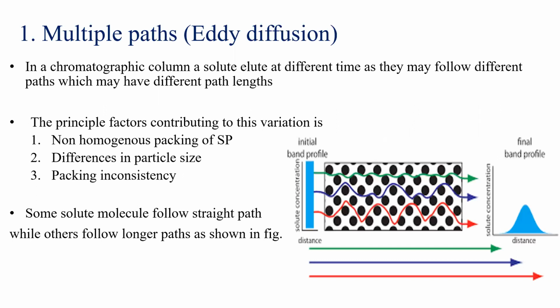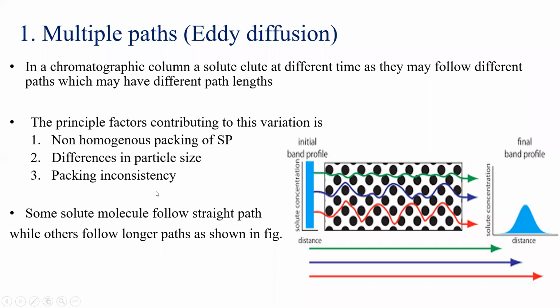In a chromatographic column, solutes elute along with the mobile phase in different paths, which require different times to reach the detector. The principal factors contributing to this variation may be non-homogeneous packing of the stationary phase, that is irregular packing, and differences in the particle size, that is if the packing material of the stationary phase is not finely crushed.